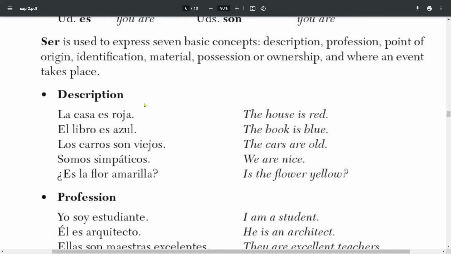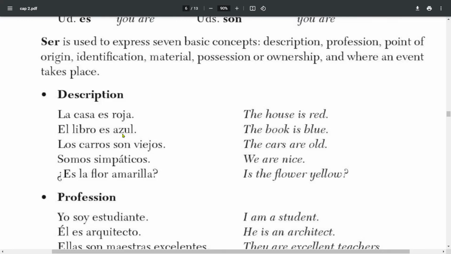The first one, description. So what I will do here is just to say the reason and read the sentences so you can practice before or after this class. Description, descripción. La casa es roja. El libro es azul.